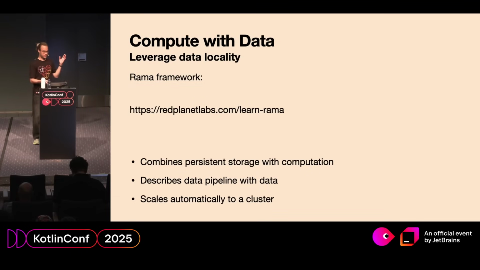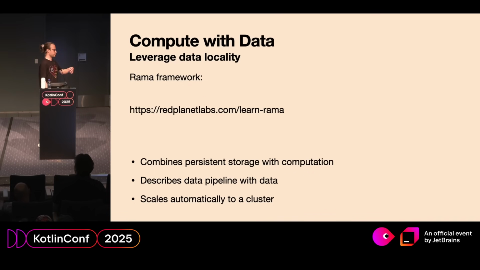So their computation can be arbitrarily scaled through many nodes. And they have a very nice example. They built a Mastodon server which scales to Twitter scale. Go check it out. It's really cool.